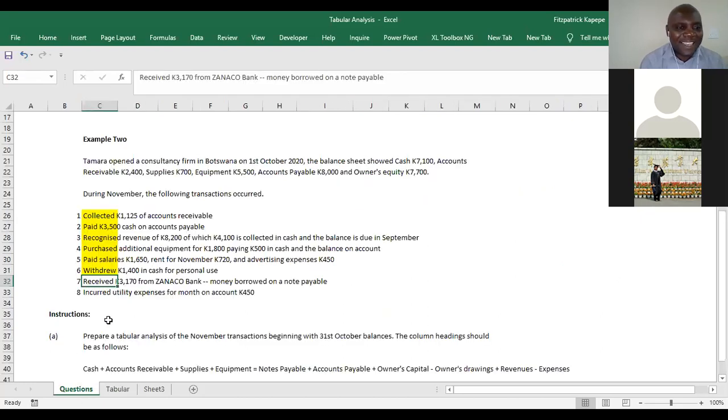Transaction number 8, incurred utility expenses for the month on account of 450. As long as they don't show cash or use the term paid, it means these things were gotten on credit. Incurred utility expenses for the month of whatever.